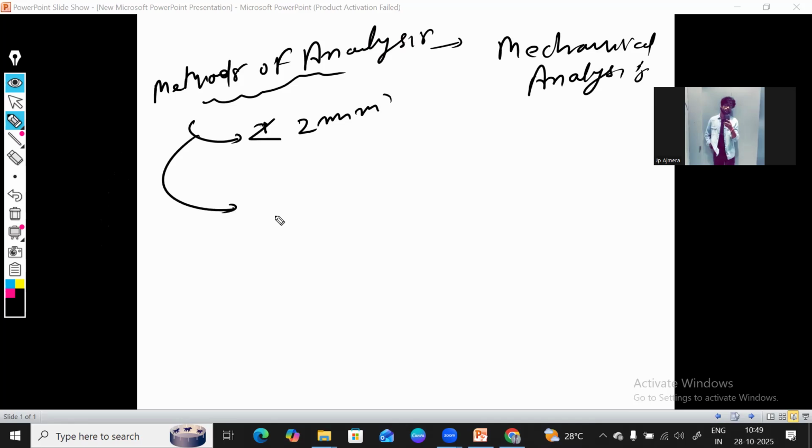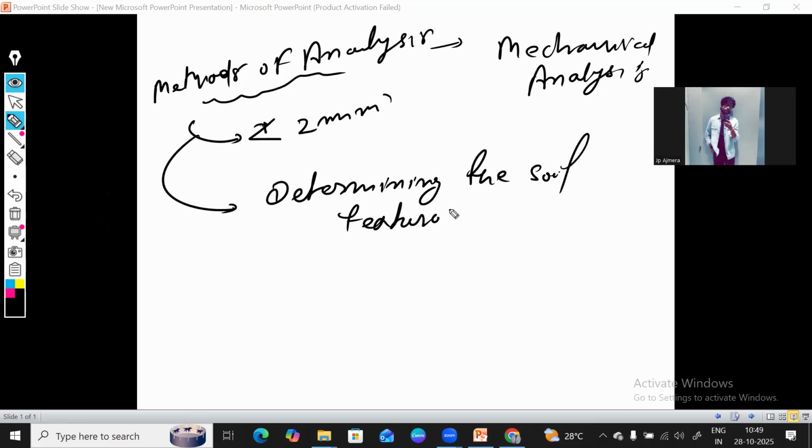This process helps in determining the soil textural classes. The international pipette method and the Bouyoucos hydrometer method are the most common methods for mechanical analysis of soil samples.